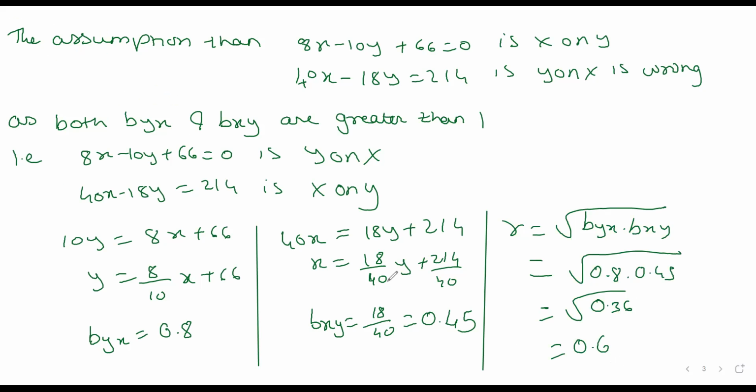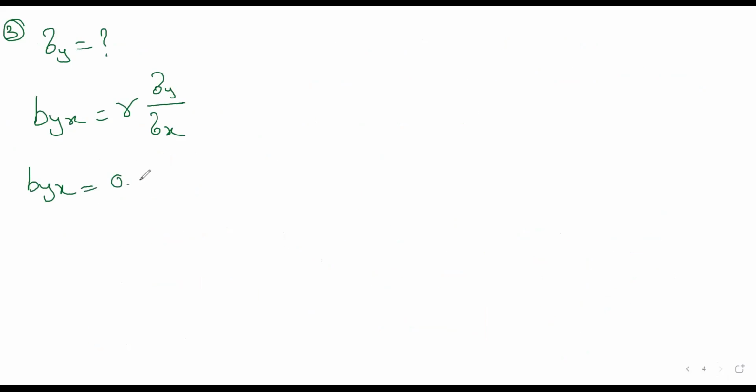The third question that they have asked is, you have to find standard deviation of Y. Now byx has formula r, standard deviation of Y upon standard deviation of X. Byx, as we have already found out, is 0.8 and r is 0.6. Standard deviation of X is already given because they have given you variance of X. If variance is 9, then standard deviation is 3 because variance is the square of standard deviation.